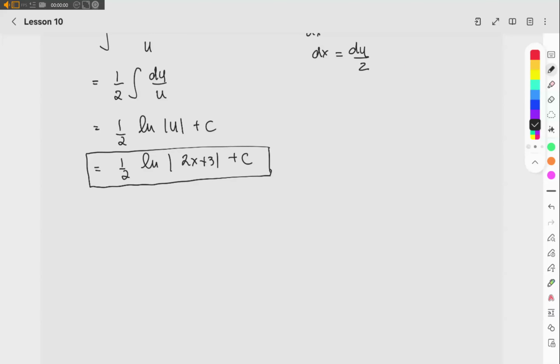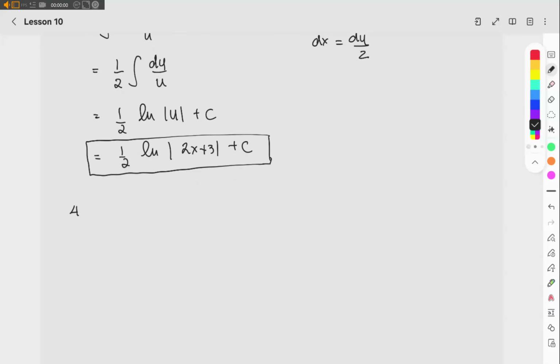Okay, what about this? Let's suppose I have the integral of 1 over 5 minus 3x dx. Let u be equal to 5 minus 3x. Therefore, du over dx is simply negative 3.